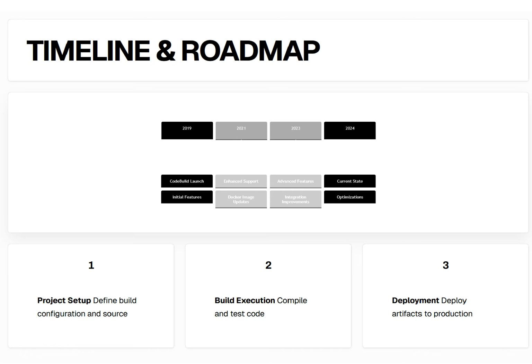So 2024 is the current state and optimization. So project setup defines the build configuration and source, then build execution compiles and tests code, and then deploys into the production environment.